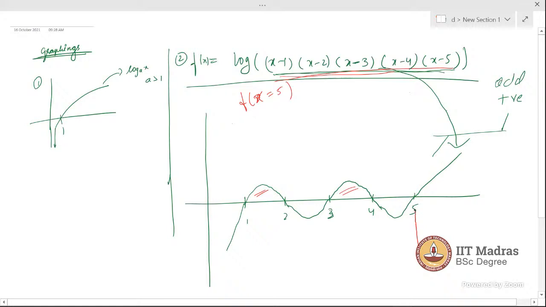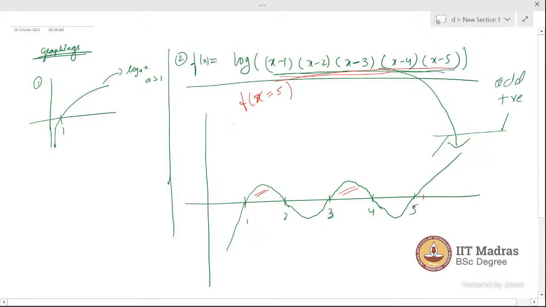Now look at this part. But this is increasing thereafter, isn't it? So for 5, it is not defined, so this graph will go something like this. Clear? I'm not sure what this value is, and I'm not worrying about that. I didn't get how it's undefined at 5. It should be 0, right? Log 0 is not defined.